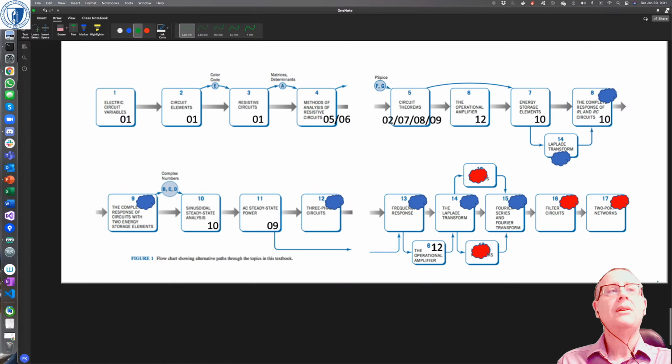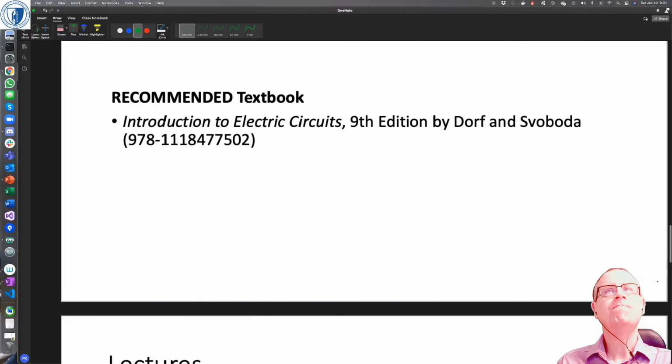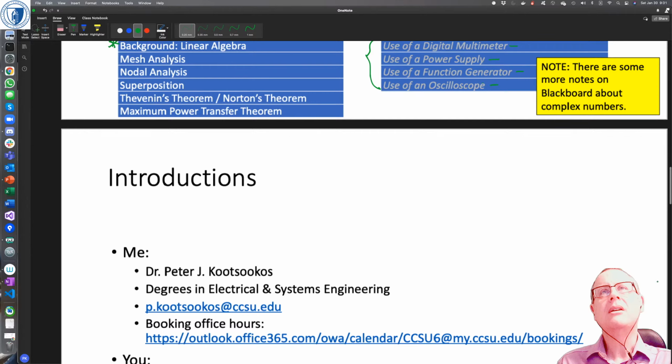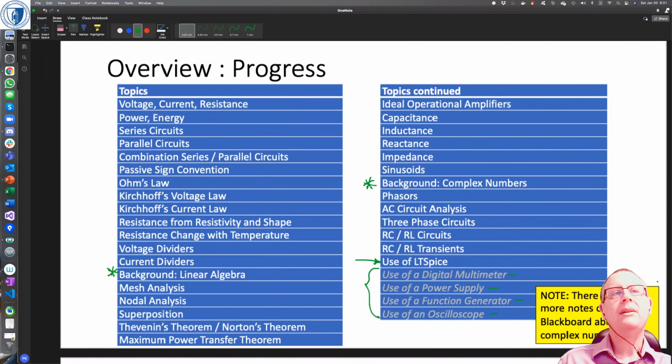This is the way I set this course up: I will have a slide deck like this at the beginning of every lecture, which is just setting the stage, plotting our progress, and giving information.